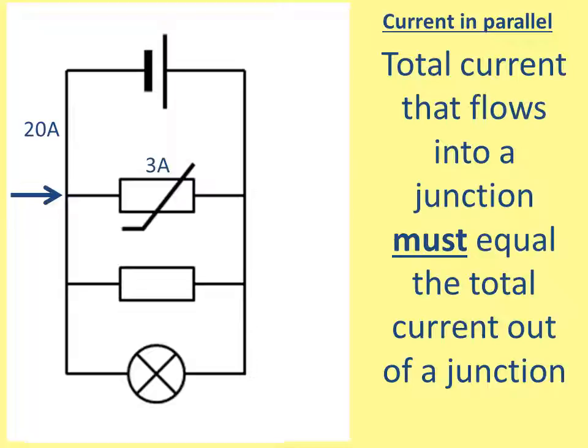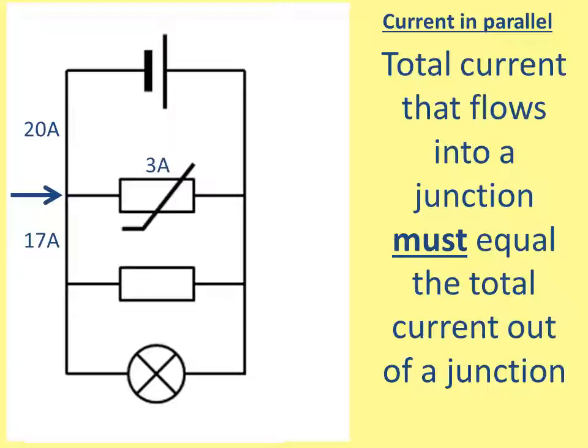If we said, just for an example, that 3 amps flowed through the thermistor, then we can see that 17 amps must flow down this wire here. That's because the 17 and the 3 that flow out of the junction must equal the 20 amps that flowed into the junction.